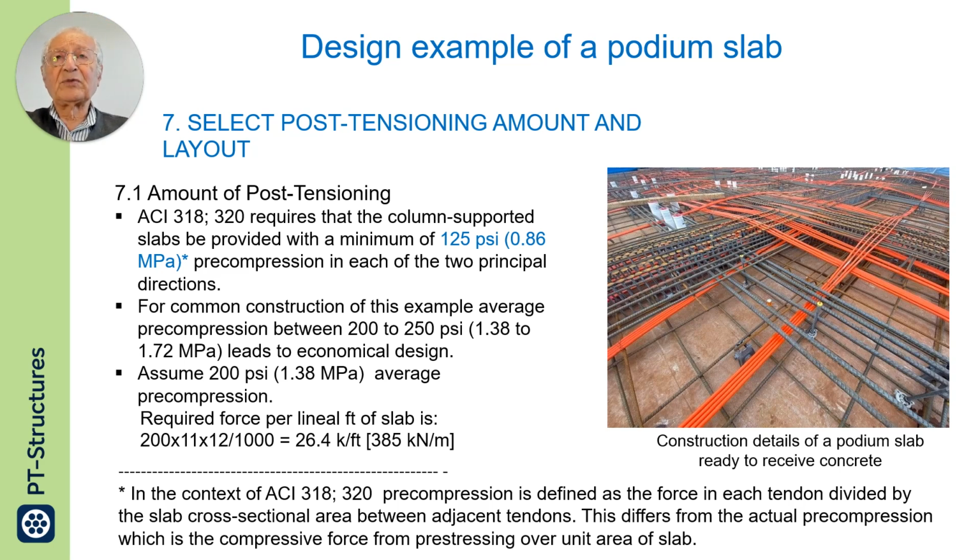Then we come to post-tensioning. ACI requires that column-supported slabs be provided with 125 psi minimum precompression in each of the principal directions.